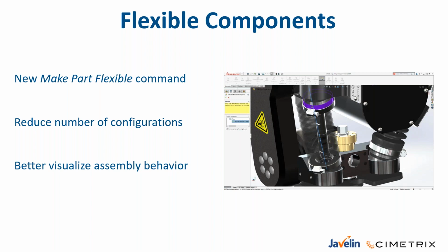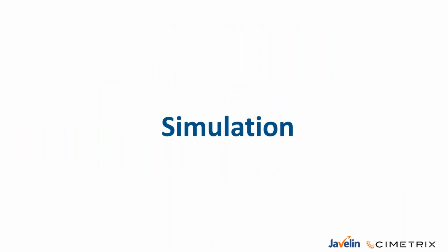You can include that dynamic assembly motion, and you don't need to have configurations for each and every position that your assembly might be in. This is great because it also means that you don't have to have discretized positions that you think you might need. You can just move it to that position and see if it's going to work. So, very cool option that is now available in SOLIDWORKS 2020.